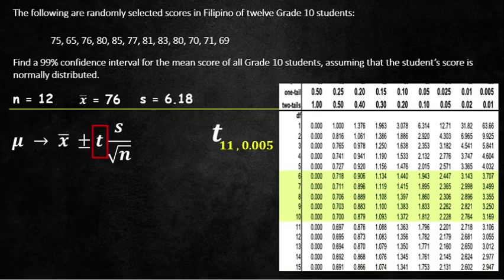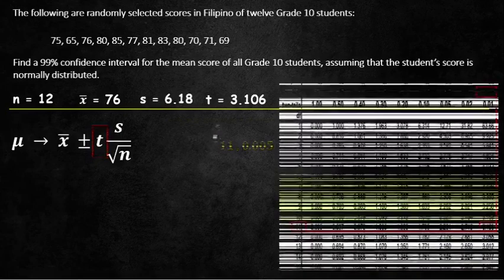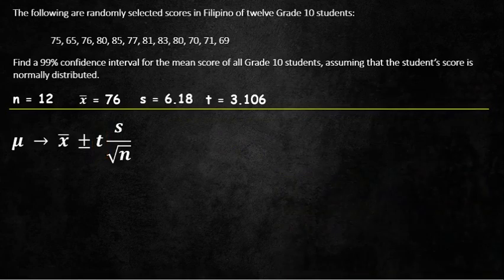The degrees of freedom is 11, which is located here, and our one-tailed alpha is located here. Go to the intersection, and there you will find our t value, which is 3.106.